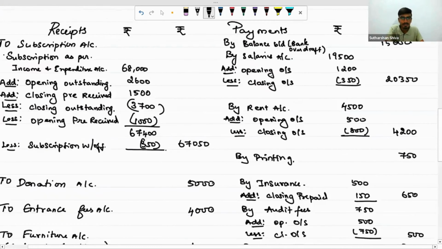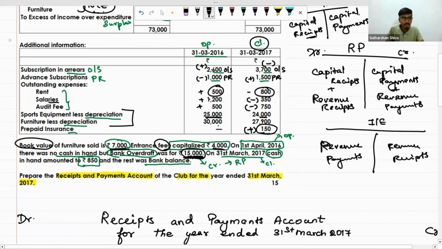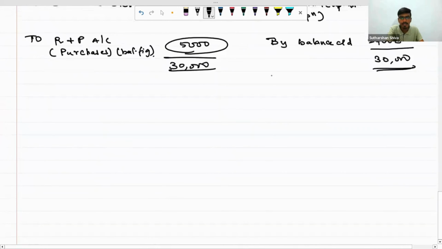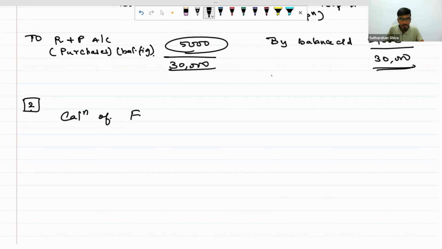Then we are left with only one part, the final part, that is furniture. Furniture opening value is also given, and closing value is also given. We will go through the same process. We'll prepare working note number 2. Why are we preparing this working note number 2? For the calculation of furniture purchased during 2016-17.